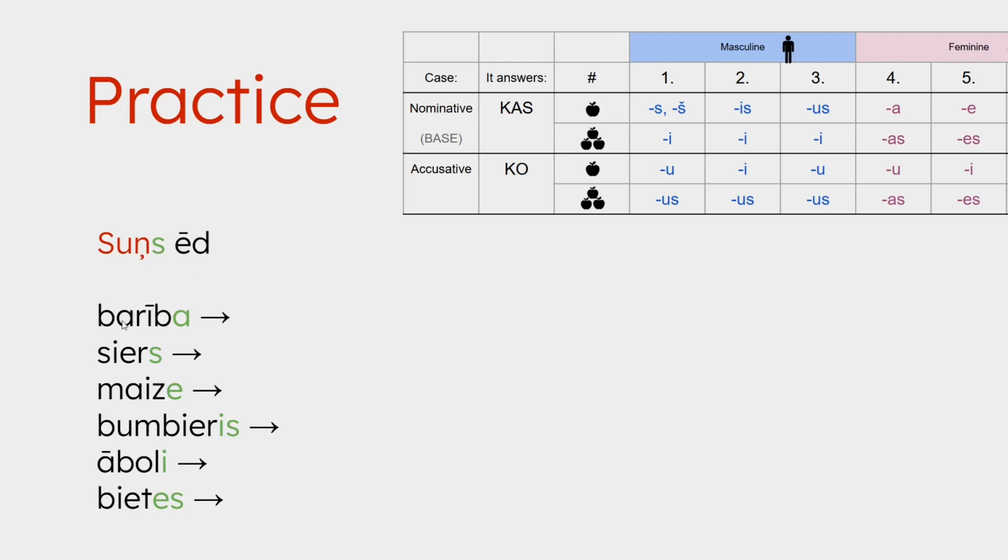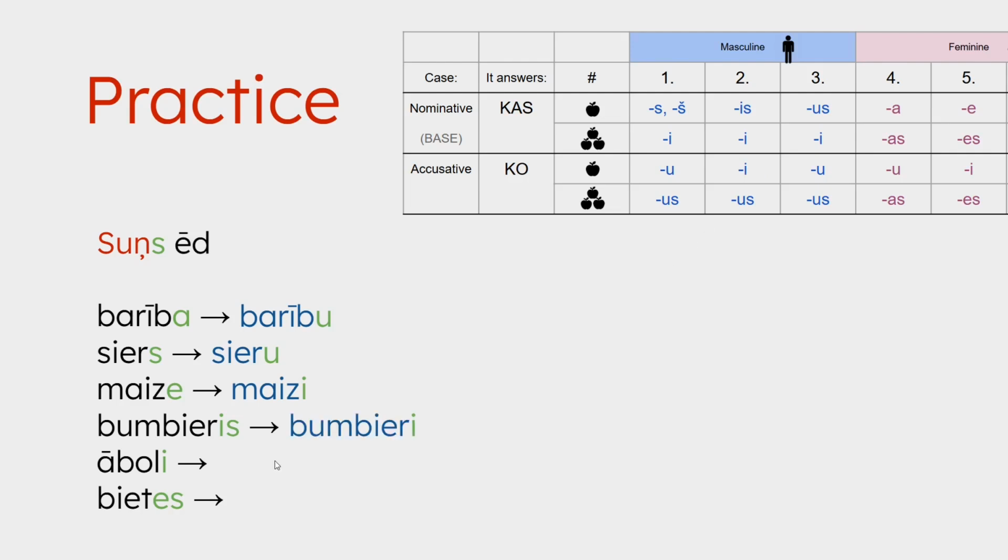So syns ed, body ba, let's find a, fourth declension, nominative, and we go down and we find body bu, body bu. Then we have seers, s, first declension, go down, and we find u. So sieru. Mais, we find fifth declension, e, down to I, maisi. Then bumbiris, just like kakis, is, second declension, we go down to find I, so bumbiri.